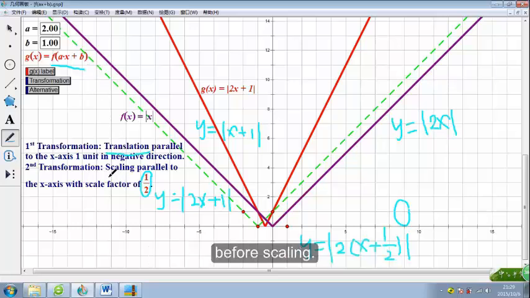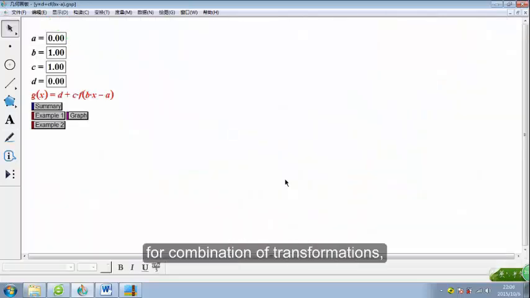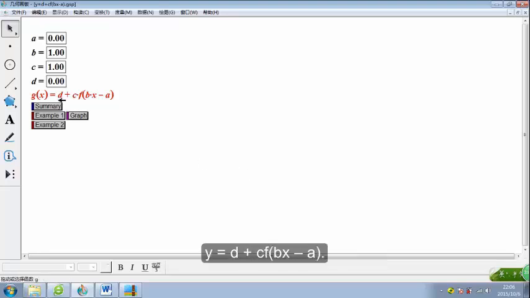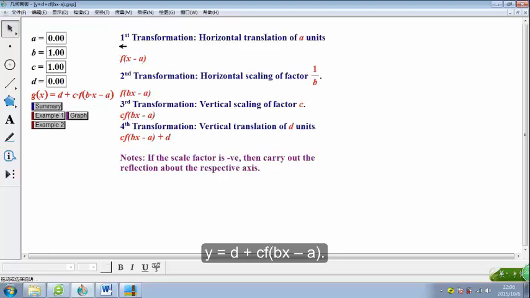translation first before scaling. Hence, for combination of transformation, the general guideline for the sequence of transformation is y equals b plus c f(dx minus a). For the first transformation, horizontal translation of a units, we obtain y equals f(x minus a).